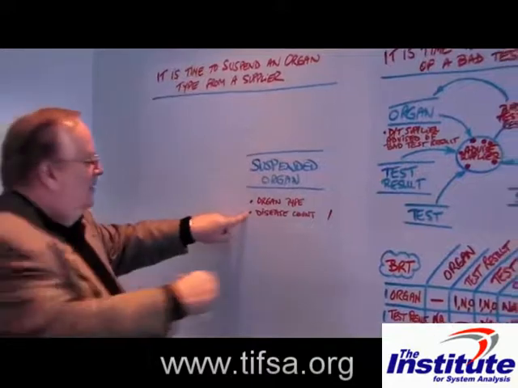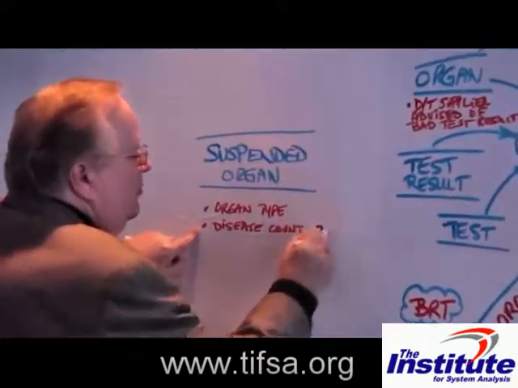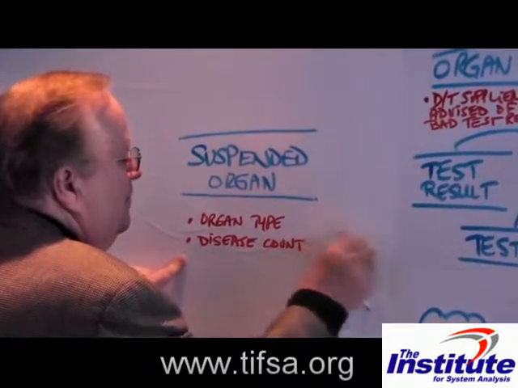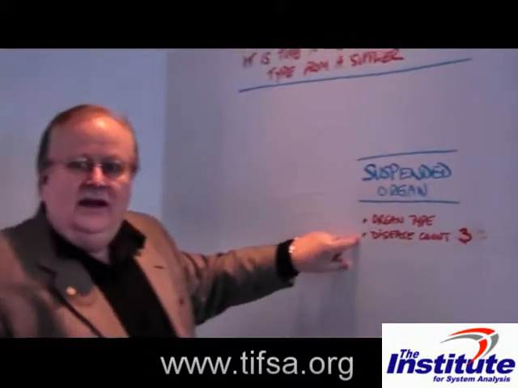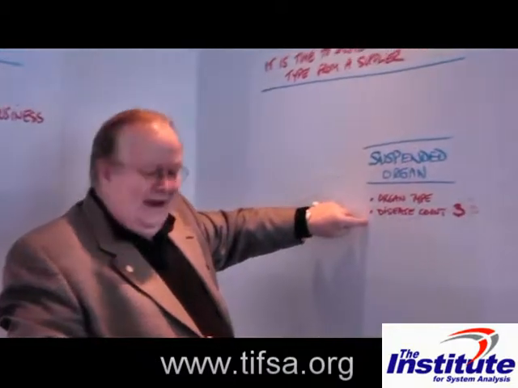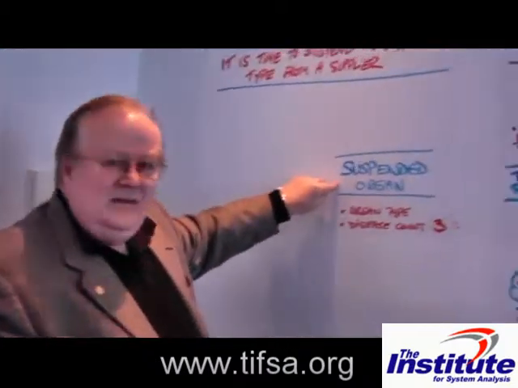When you get the second one, you're going to increment it by two, up to two, and then finally up to three. And all those organs that have three strikes against them become suspended. Any others that you're counting here are not yet suspended. But let's see what that affects.